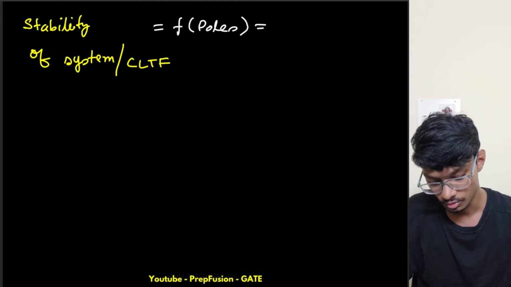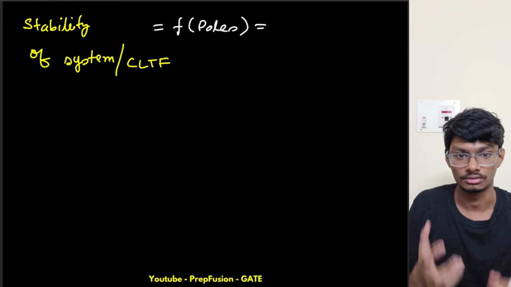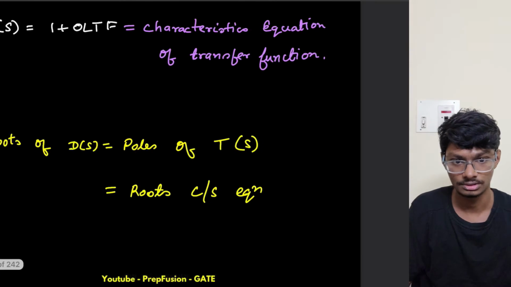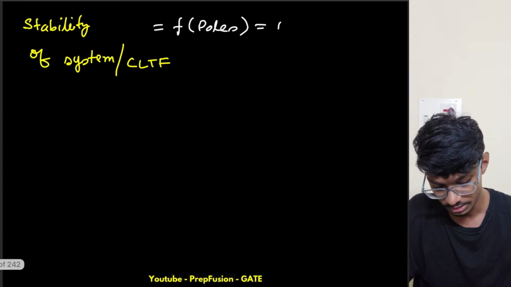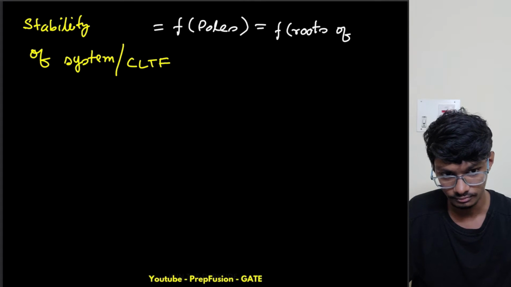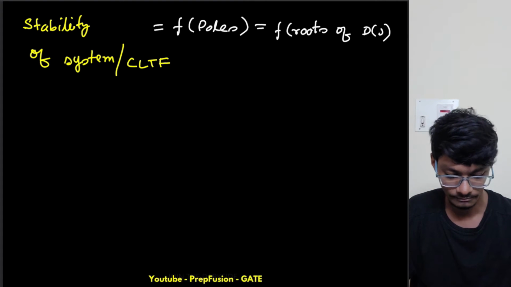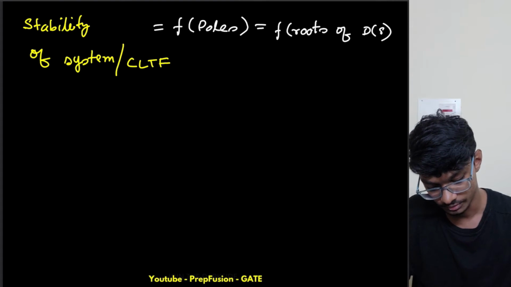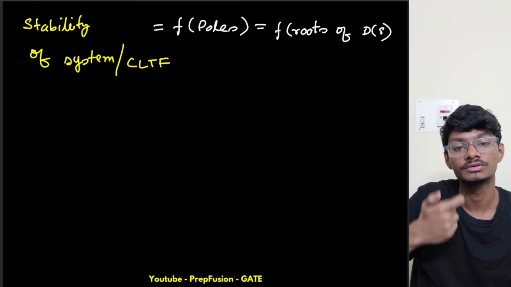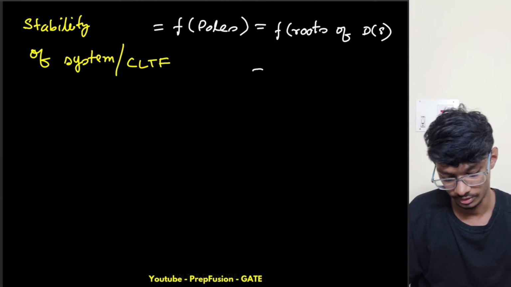Now what do the poles depend on? Poles are basically the roots of d of s. So it is a function of roots of d of s. And the roots of d of s also depend on the OLTF.